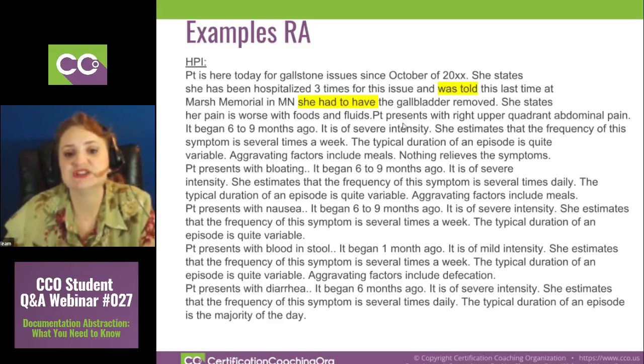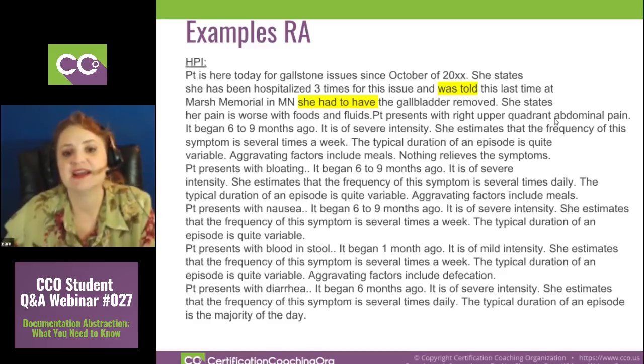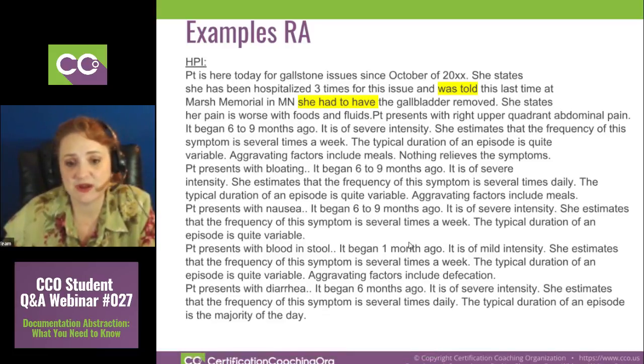She presents with right upper quadrant pain, abdominal pain. Okay, she's got a problem with her gallbladder, and yeah, all of these are signs and symptoms that I don't even need to spend time with. If there's nothing new here and I'm looking quickly and I see nothing that isn't dealing with a gallbladder.